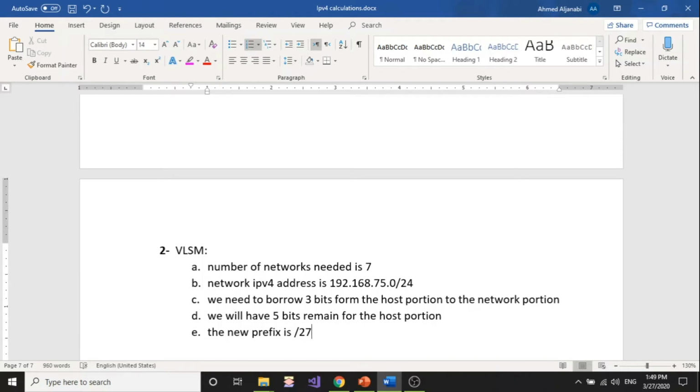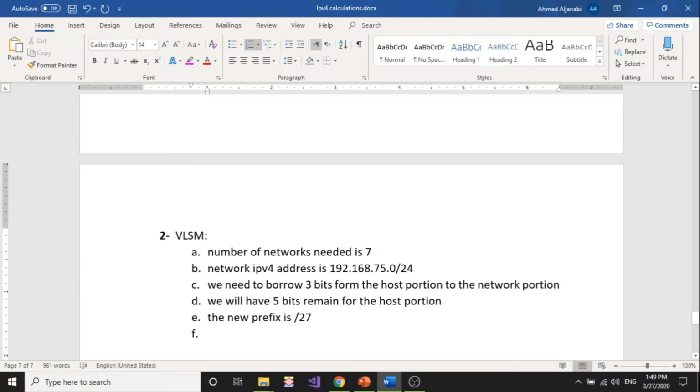Now, this is not what I'm worried about. The calculation you can go ahead and do. But here's what I want you to pay attention to. How many hosts could I have for each network in this case?